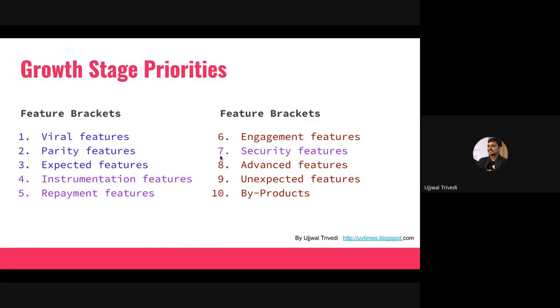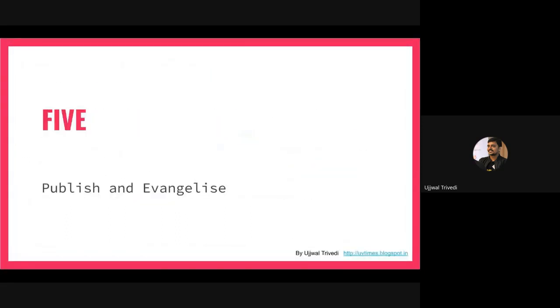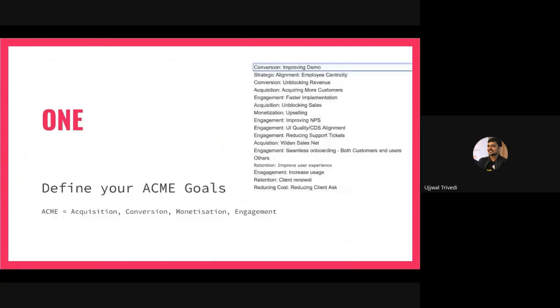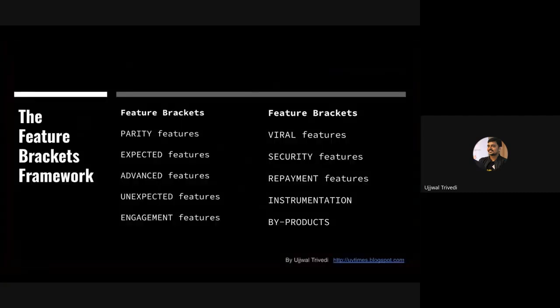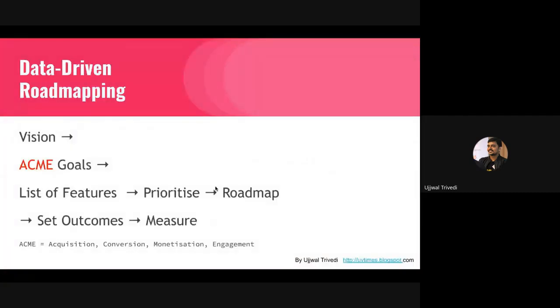So that is how you can prioritize. We talked about prioritizing in the roadmap. That is what you have to do, right? So this is how you prioritize based on the life cycle.